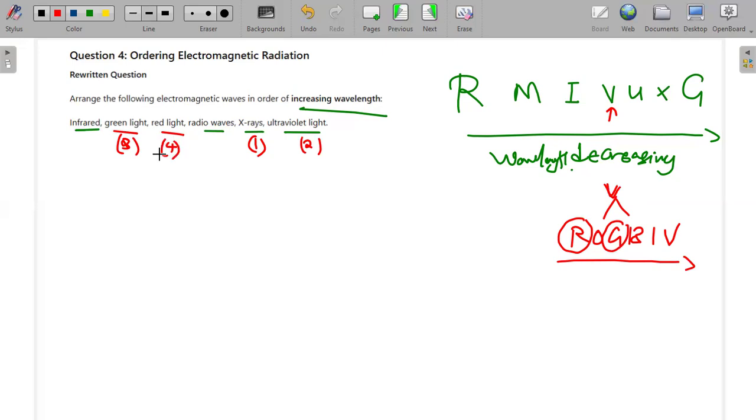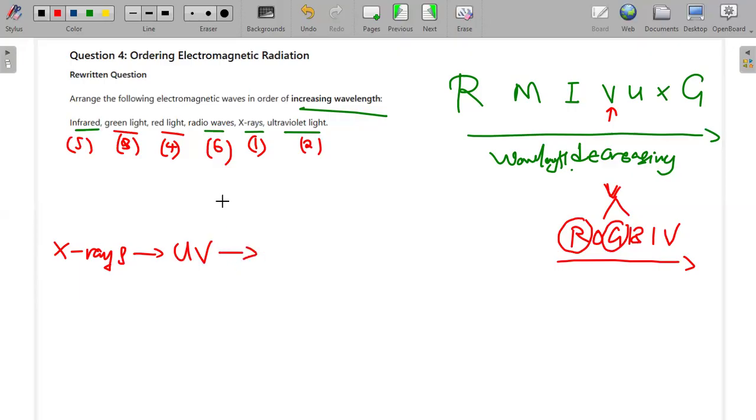Now I'm remaining with the radio and the infrared. Between the infrared and the radio, which one has a lower wavelength? The infrared, so I'll put it as 5, and the highest is just going to be the radio waves. So in increasing order, the first will be the X-rays because they have the lowest, then ultraviolet, UV.